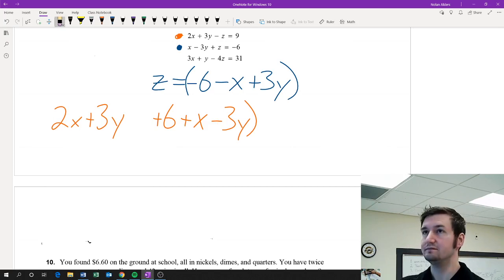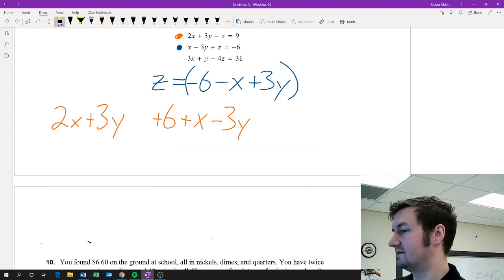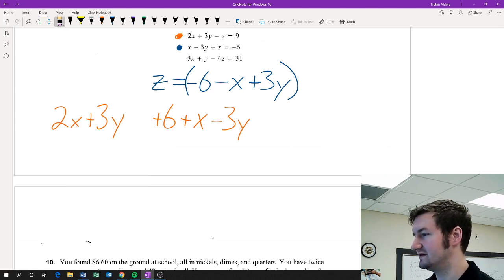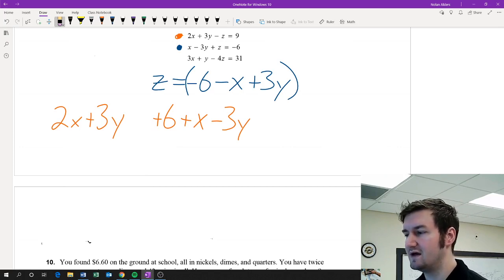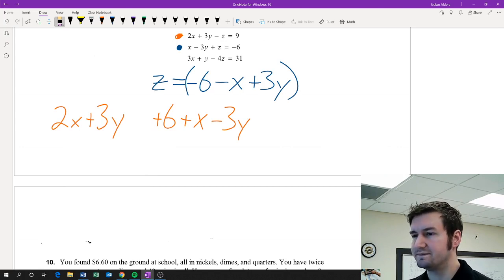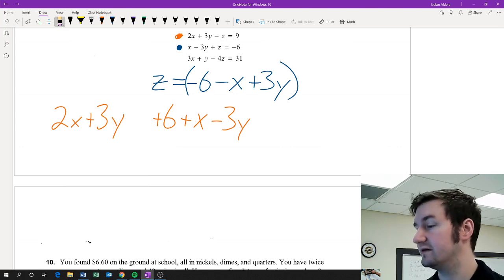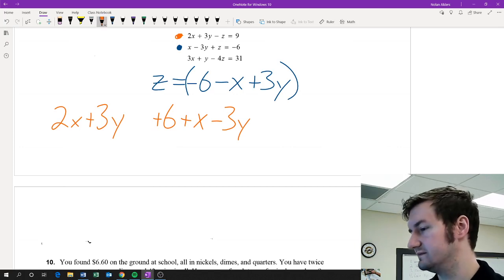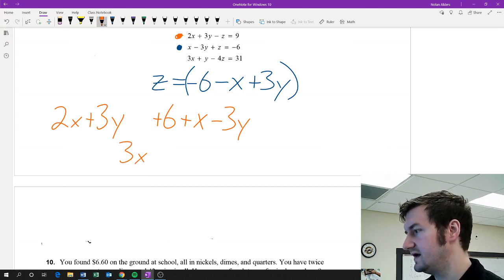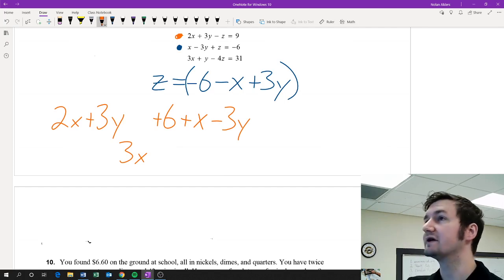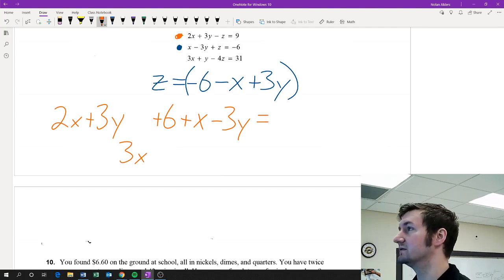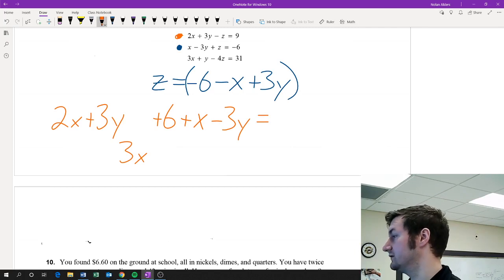So when we distribute that negative, it changes the signs of all the terms. Now let's combine terms. We have a 2x and an x, so that combines to be a 3x. And we have a 3y and a negative 3y. Those actually cancel. Oh, and I forgot, all this is equal to, look at that first equation, all this is equal to 9.